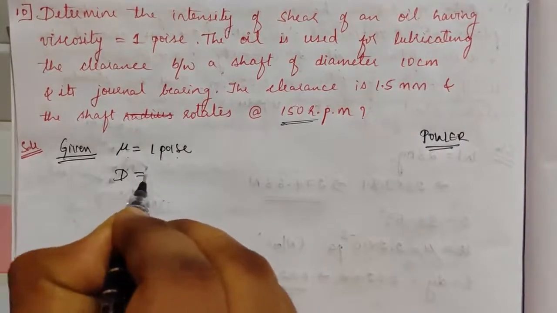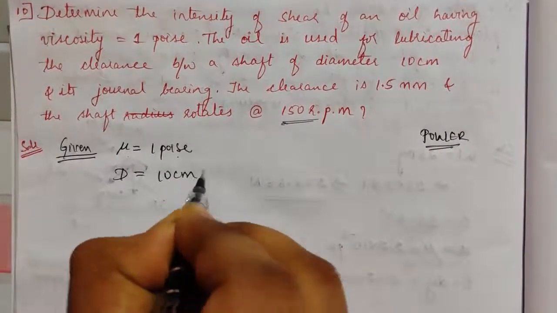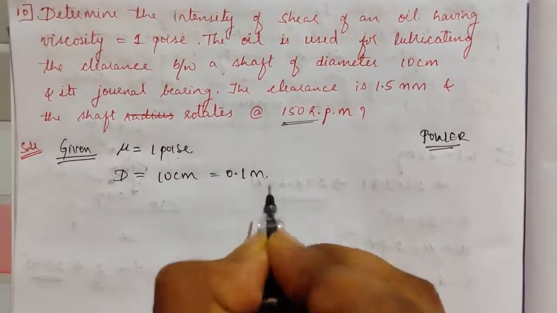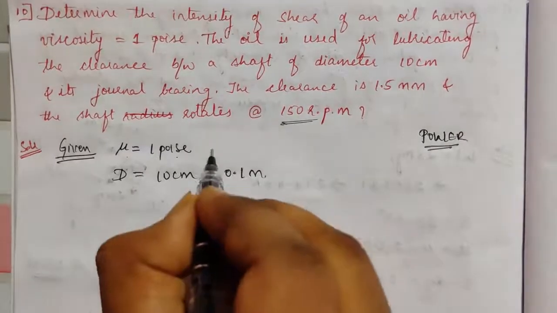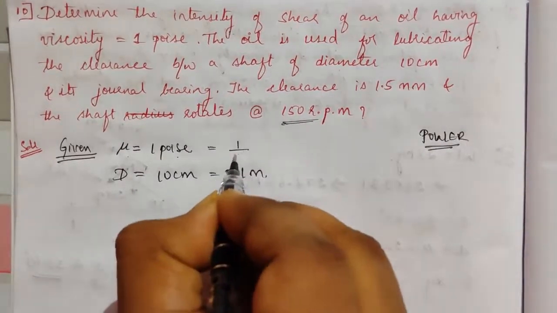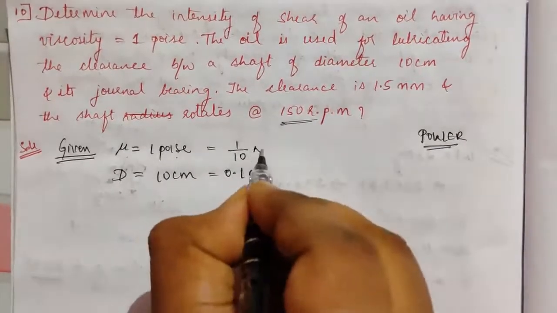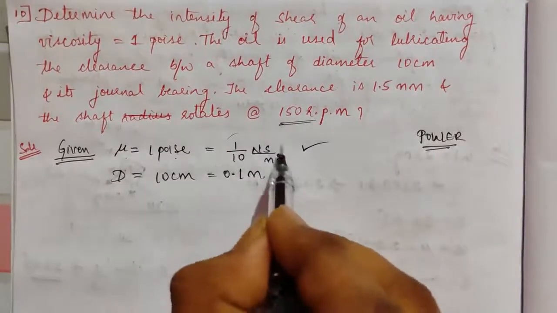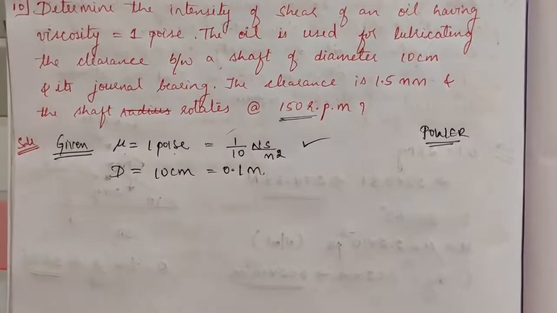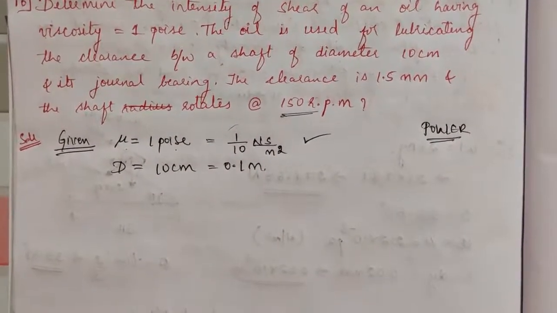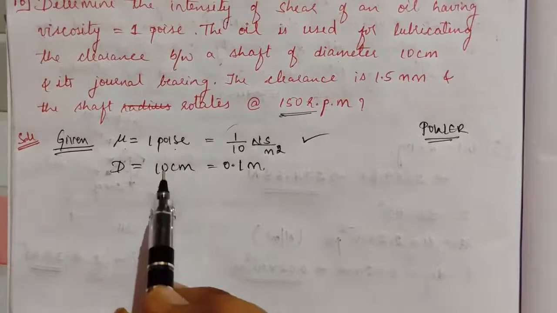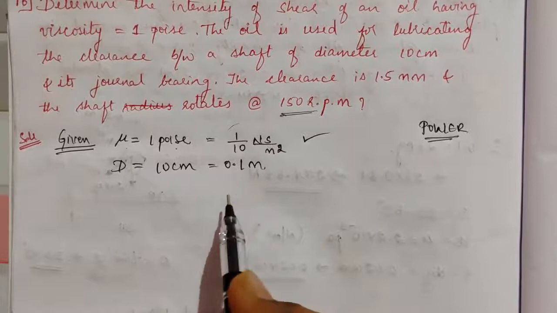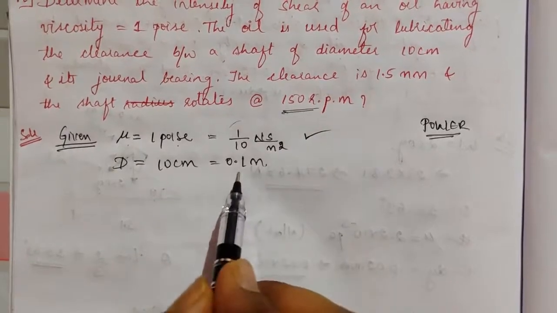Next, D I will take as 10 centimeter, which is 0.1 meter. For 1 poise, I will take 1 by 10 Newton second per meter square. I will not use poise because I need the SI unit system, Newton second per meter square. So D is 0.1 meter.